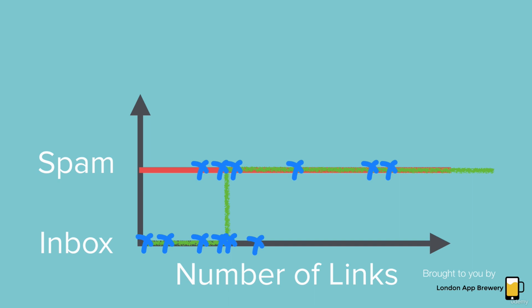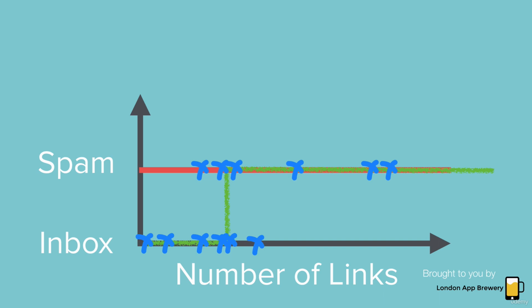So if, say, the number of links was less than 5, then it probably is more likely to go into the inbox. And if it's greater than 5, it's probably more likely to be spam, so it should go into the spam box. And this particular rule can be given a weight amongst many, many other features. For example, the number of images that are contained in the email, or the number of words like buy or sale.